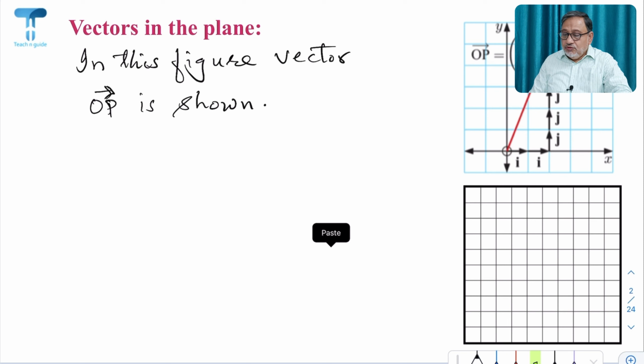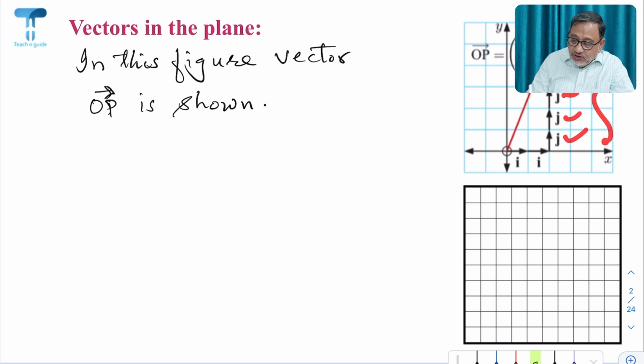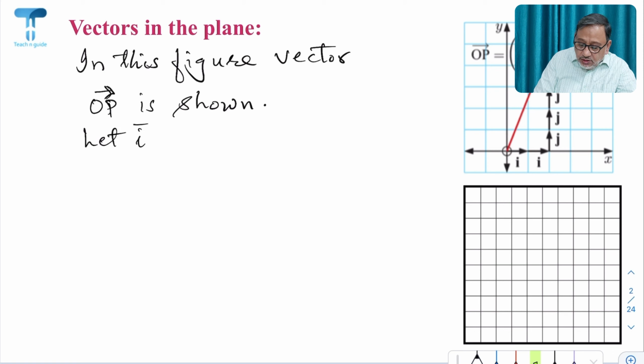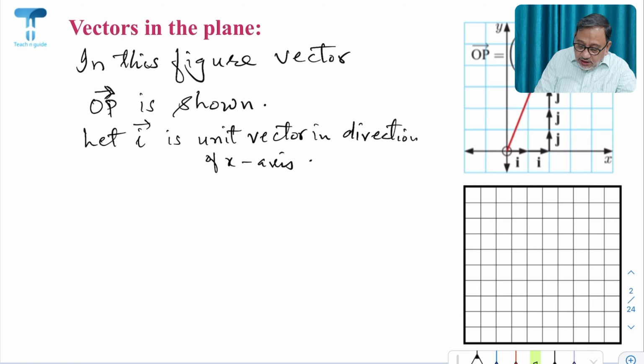If you look at this vector, it has 2, meaning 2i, and how many j? 1, 2, 3, 4, 5 j. Now what are i and j? Let me define that. Let i be the unit vector in the direction of the x-axis, and j in the direction of the y-axis.